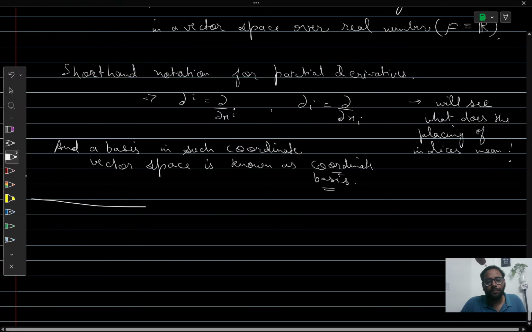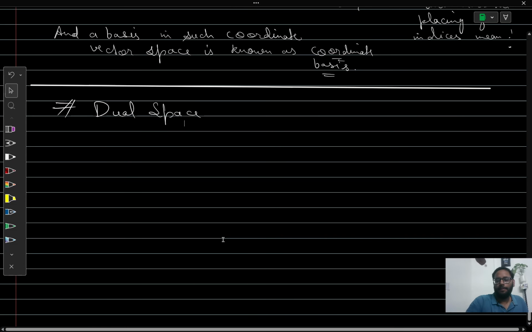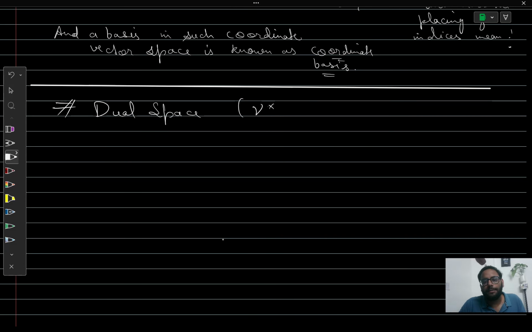Let's just move to define what a dual vector space is. Okay, the dual space, abstractly denoted by this thing, is a set of linear maps.